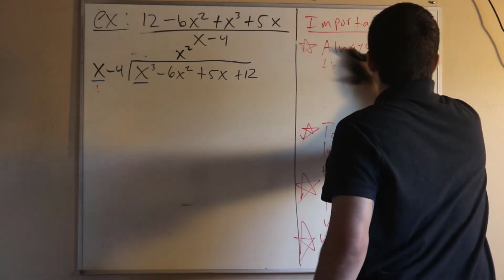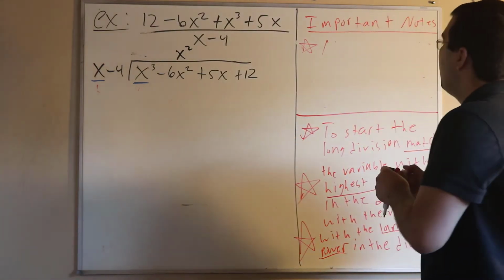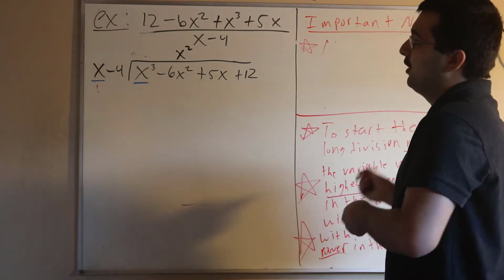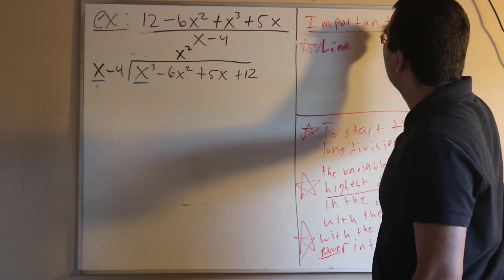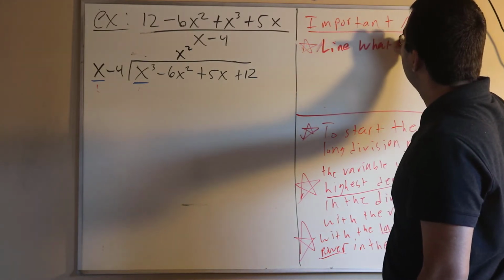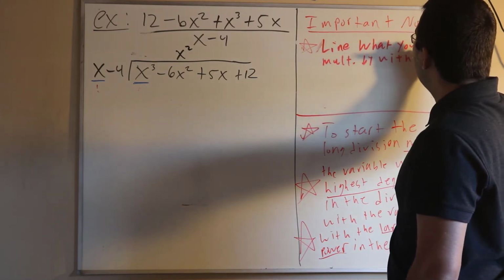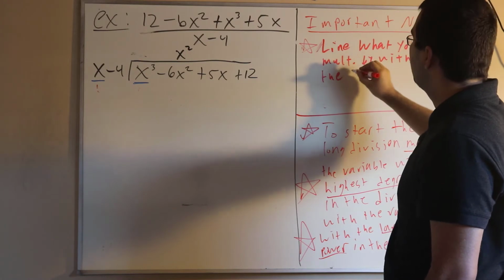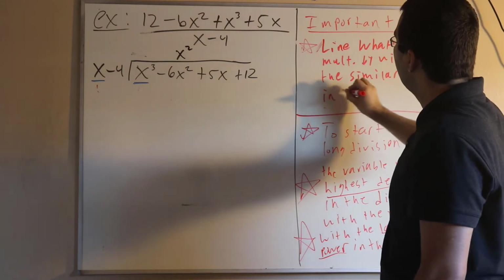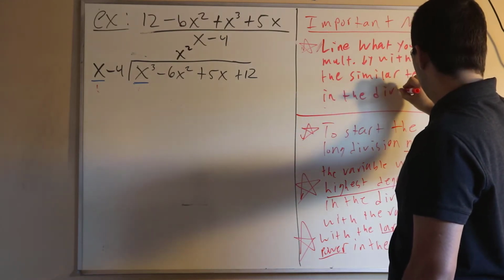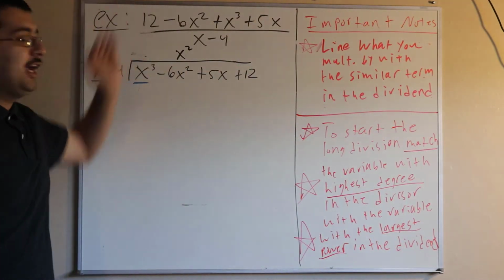Okay, yeah, so just to restate what I said again, line up what you multiply by with the similar term in the dividend. In other words, I multiply an x squared, so I made sure to line it up with the x squared term in the dividend.